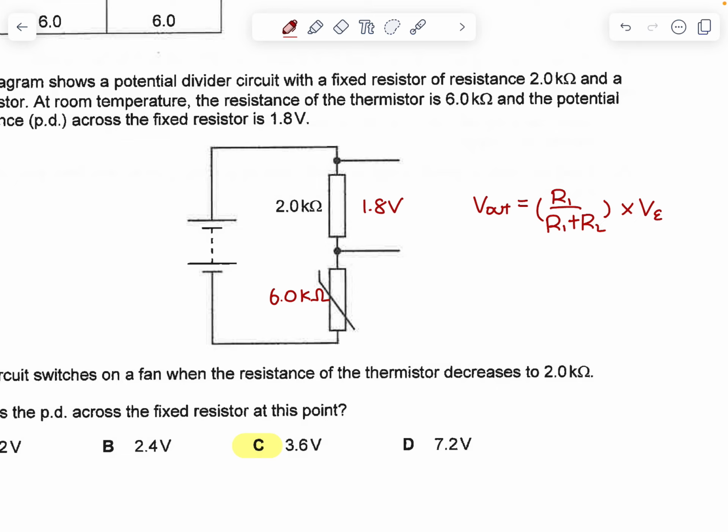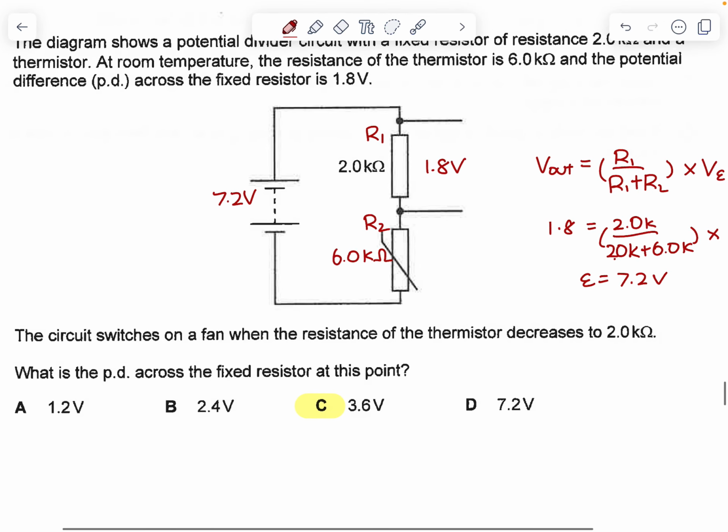So with this, 1.8 equals 2.0 K over 2.0 K plus 6.0 K times the EMF. You find that the EMF equals 7.2 volts. So here, 7.2 volts.